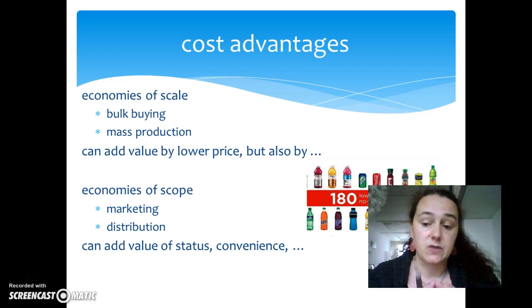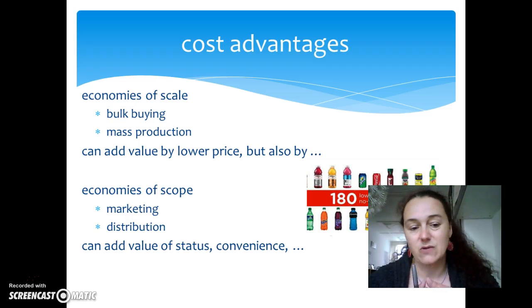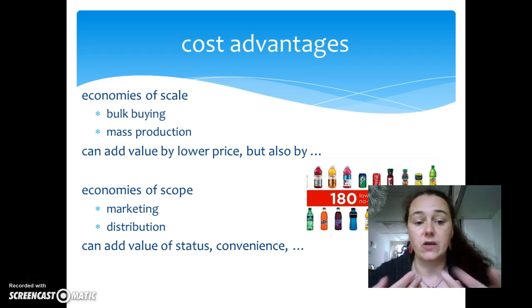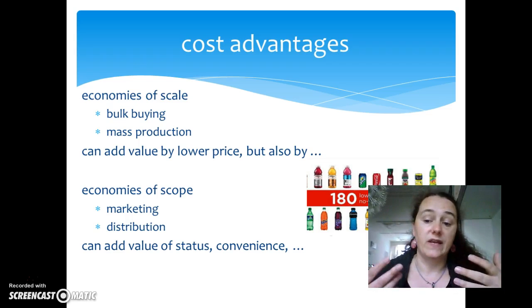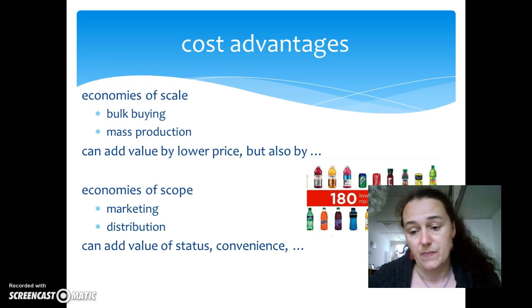Then there's economies of scope that are often not so directly product related, but business related, and those are in terms of marketing and distribution. A typical example of economy of scope is the fact that all Nike products benefit from the money that goes into promoting the Nike brand.